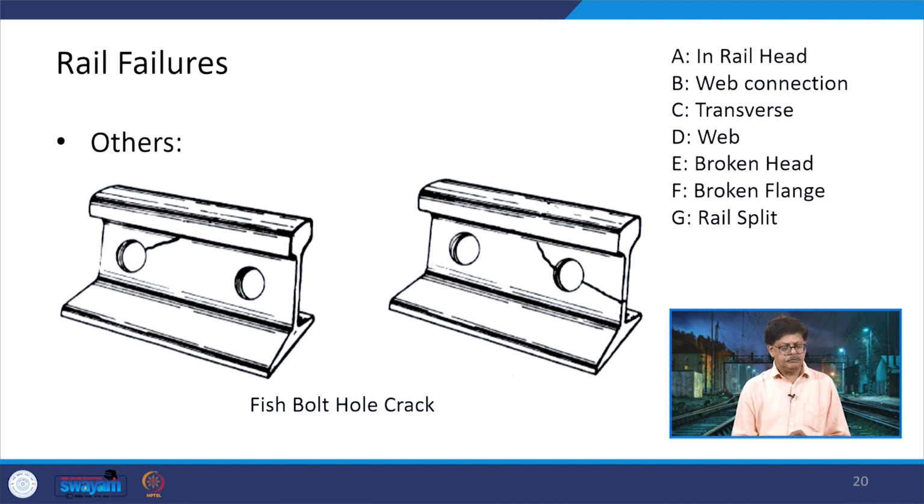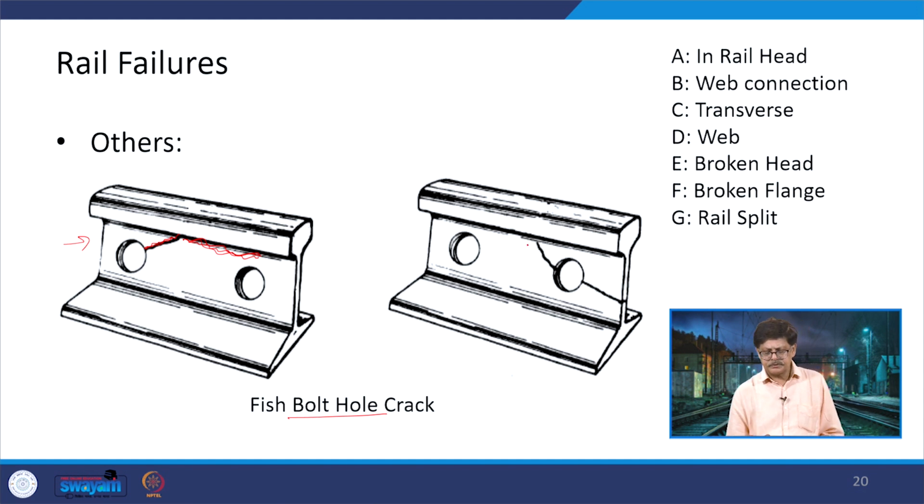Now, here we are talking about the fish bolt and hole cracks. So, in the first case being shown here, you found that this crack is propagating towards the rail head and is coming towards the connection, and there may be a possibility after some time this may start moving along the connectivity of the rail head with the web.